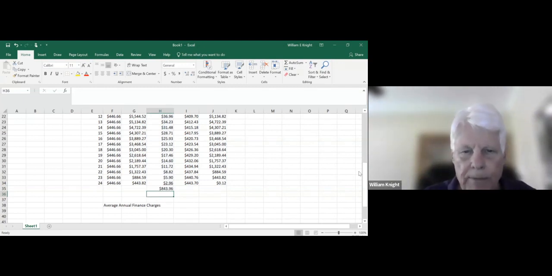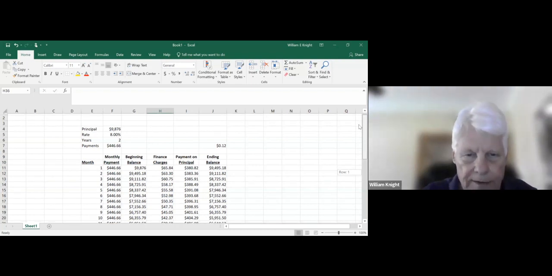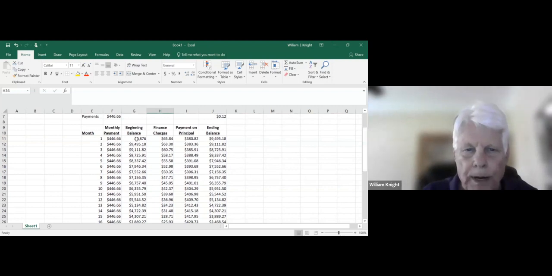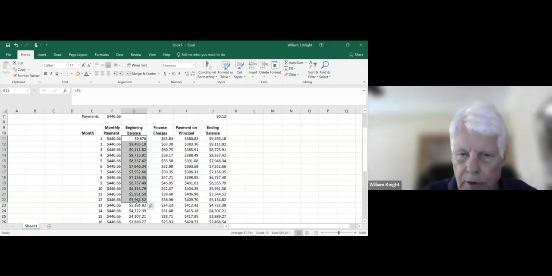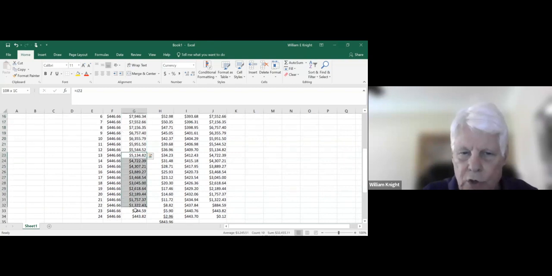Now we could do the same thing for the beginning balance, for the average outstanding balance here. The average outstanding balance would be the average of these 12 outstanding balances plus the average of these 12.